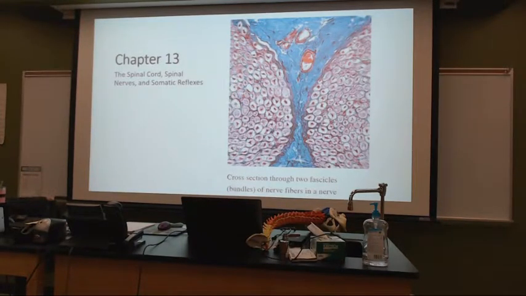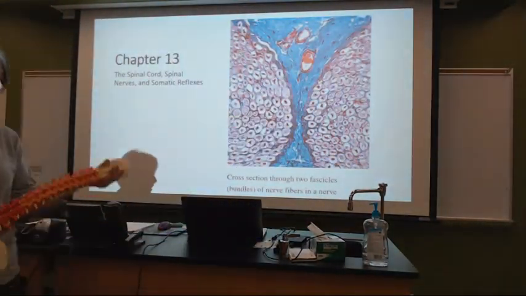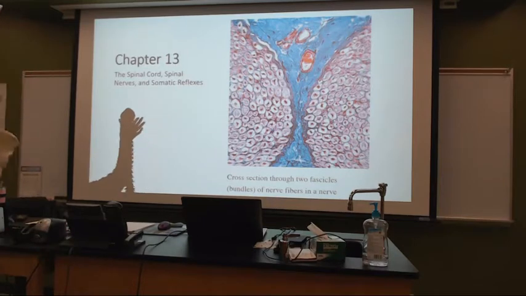That's going to actually be the part that exits the vertebral column. As you think about a spinal nerve, and unfortunately, this right here is not the best representation, but it is giving us an idea of what we're going to talk about.